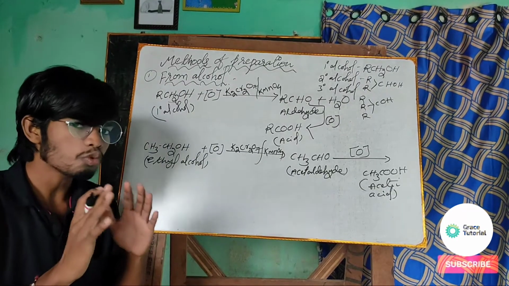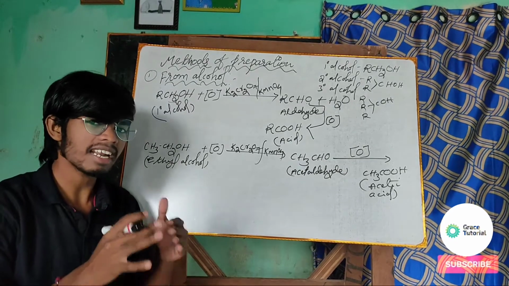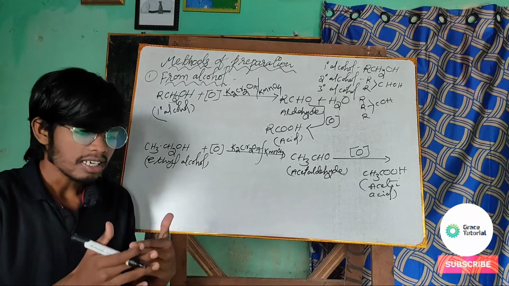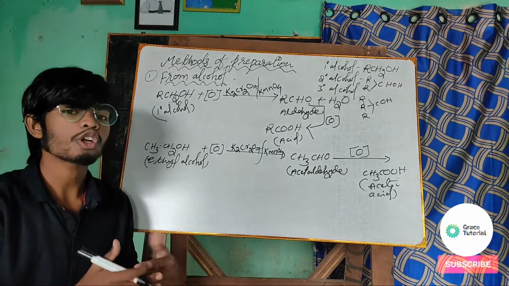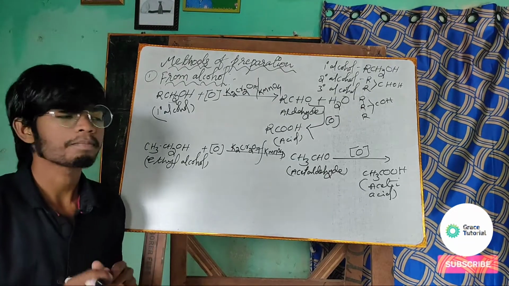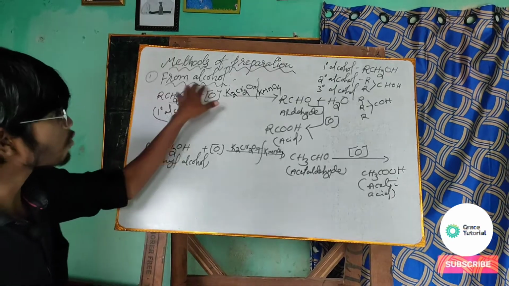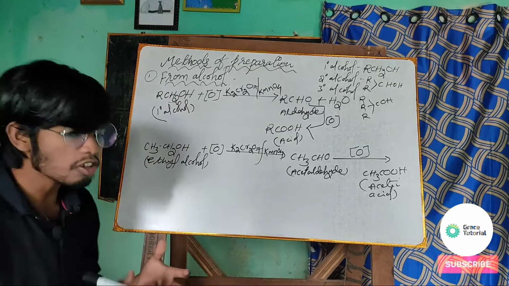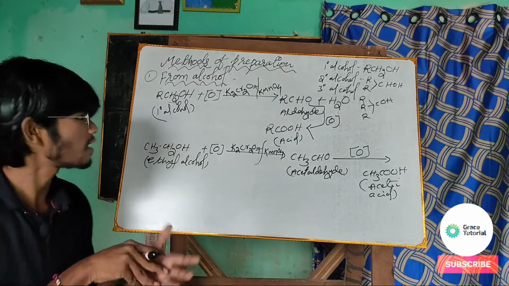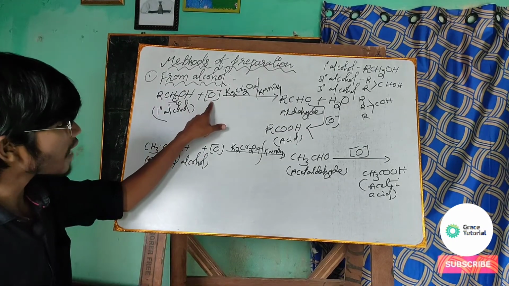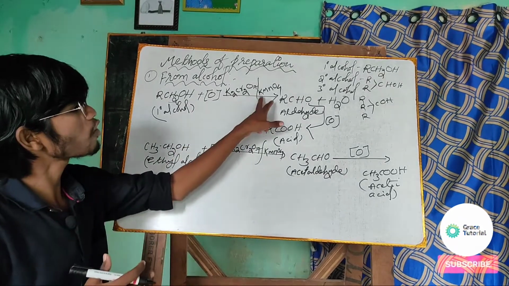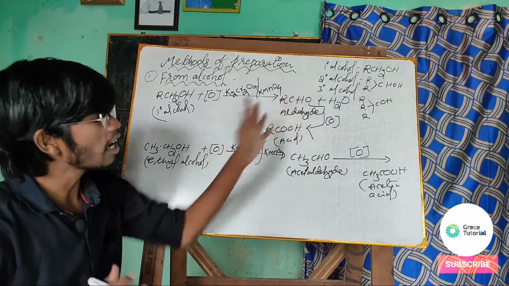Let me repeat it once more so that you can understand it very clearly. What are we doing here? We are learning the different methods of preparation of carboxylic acid. The first method is from alcohol. When the primary alcohol gets oxidized in the presence of potassium dichromate or potassium permanganate, then aldehyde results.